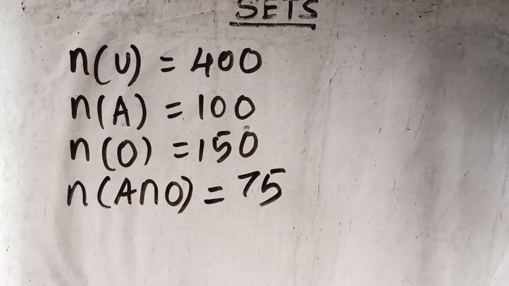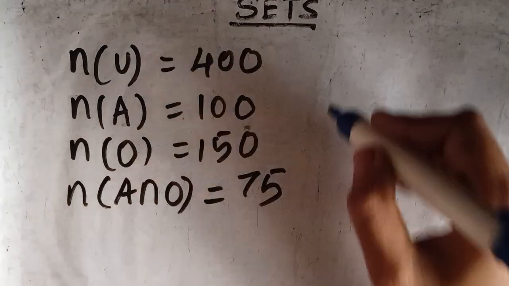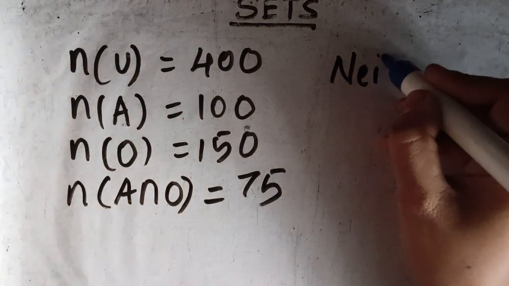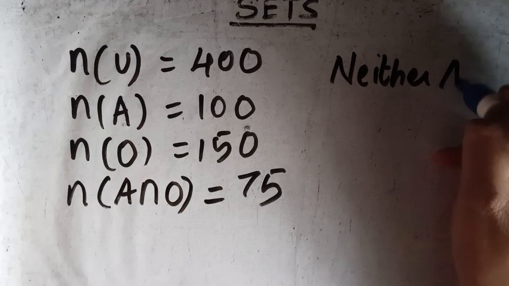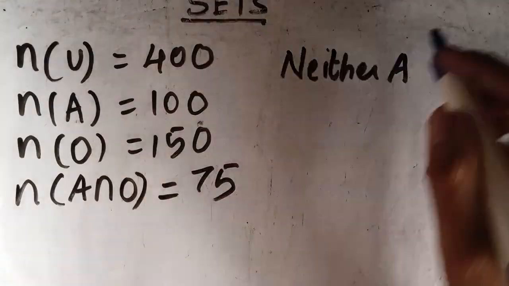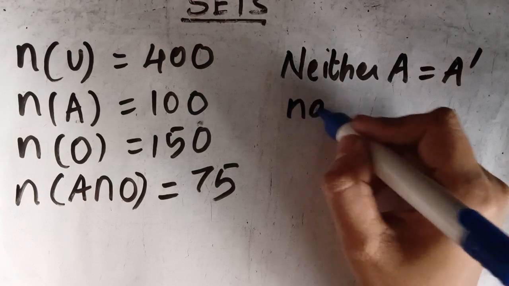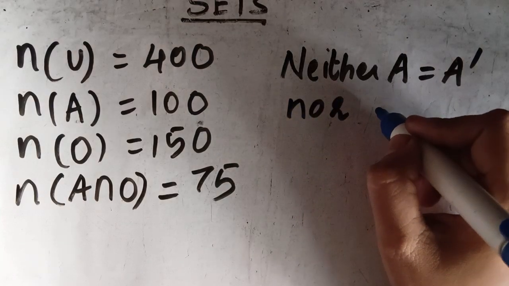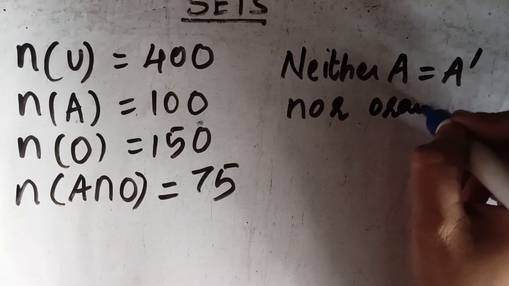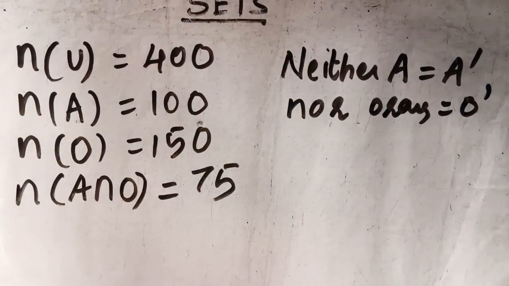Now find how many students were taking neither apple nor orange. So neither apple means this becomes your A complement, correct, and nor orange, so this is O complement.